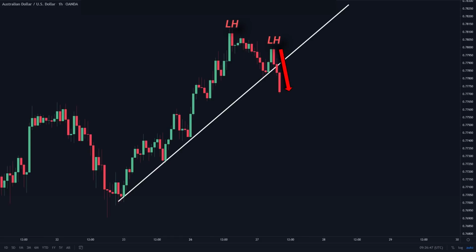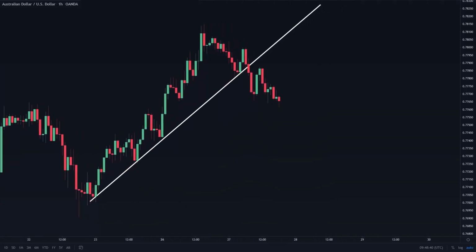So this indicates that the upwards buying pressure is weakening and that sellers are starting to push back. But again, don't take any positions yet, because remember, the overall trend is still an uptrend, so we still need further confirmation. Next, we can see that the price tried pushing back up and failed.